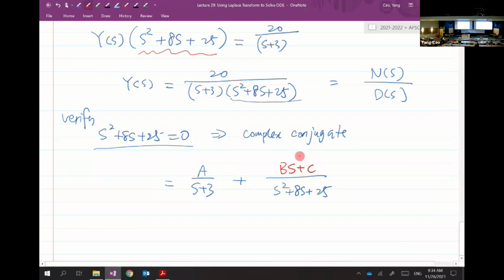So if I had to emphasize, the reason you put a bs plus c here, let's call this a rule. The rule is if you have a second order on the denominator, then the numerator has to be bs plus c. This is how you will deal with y of s if it has complex conjugate roots from the denominator.